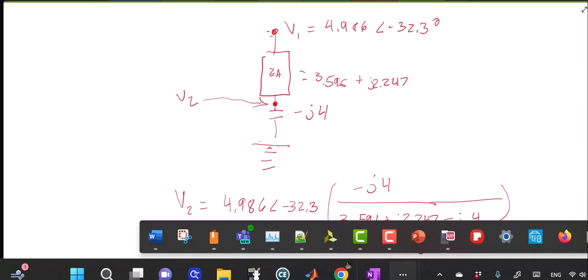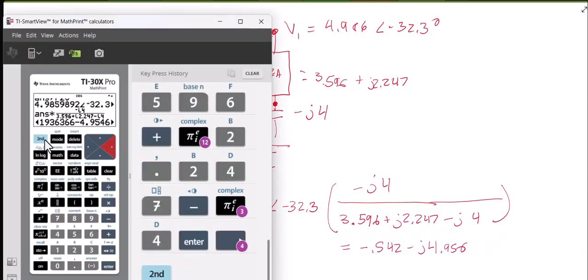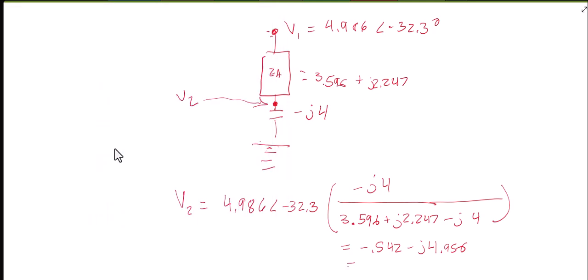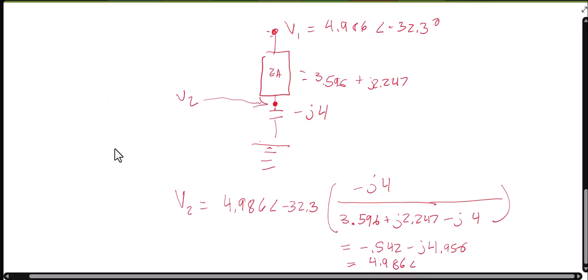And if I change that to polar, I get 4.985 angle negative 96.35. I just wrote negative 96 degrees.